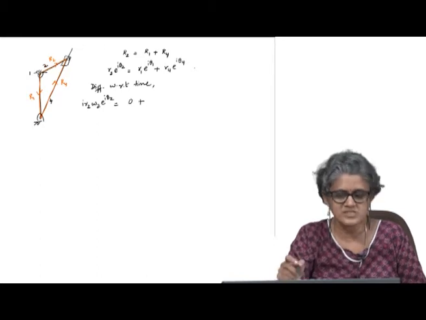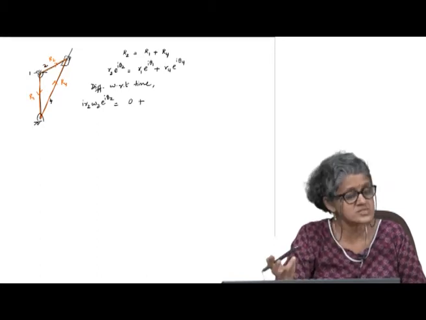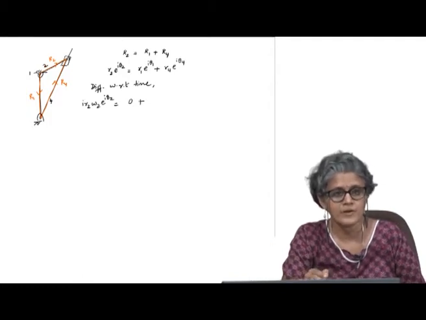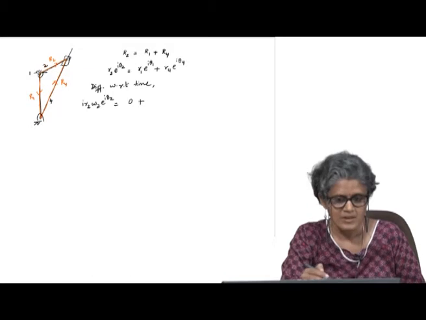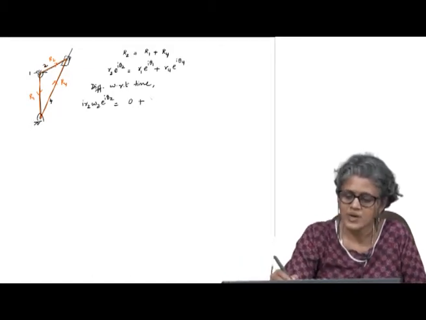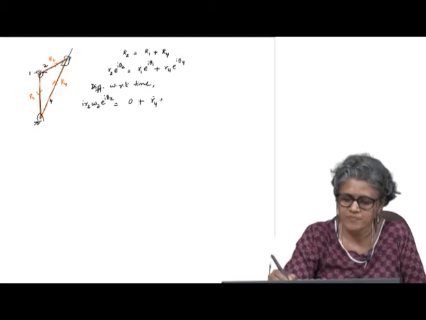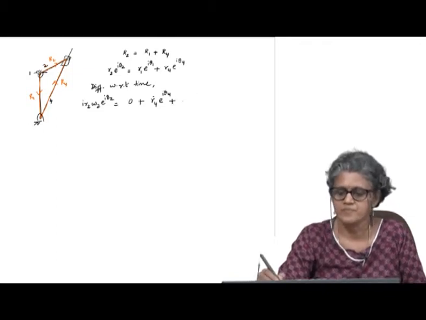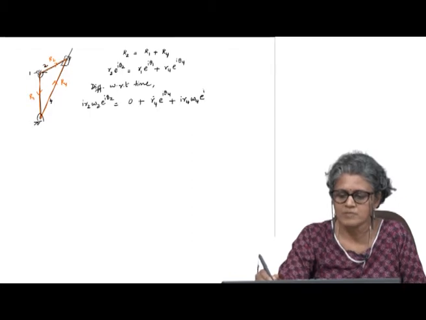This is different from the previous case because R4 is no longer constant. The length R4 is no longer constant. So, I have an R4 dot, e power i theta 4 plus i R4 omega 4 e power i theta 4.